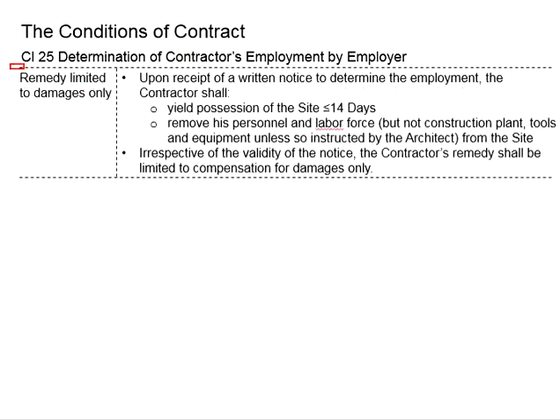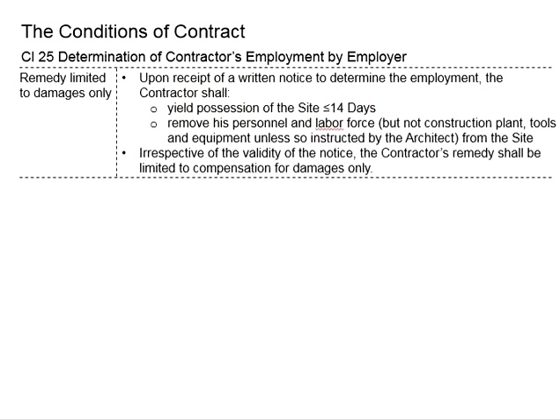Next, we talk about the remedy limited to damages only. Now we are in the state where the contractor's employment is being determined by the employer. With that, the contractor shall yield possession of the site within 14 days.